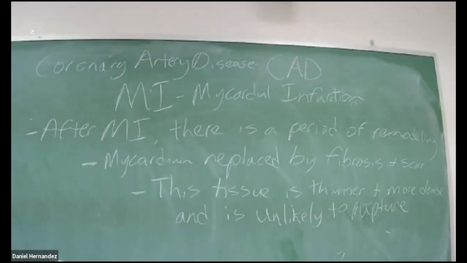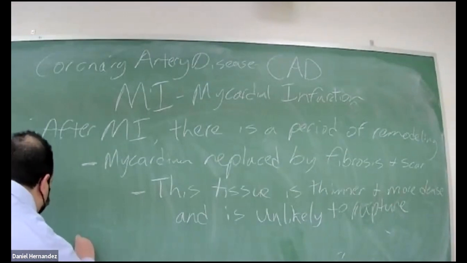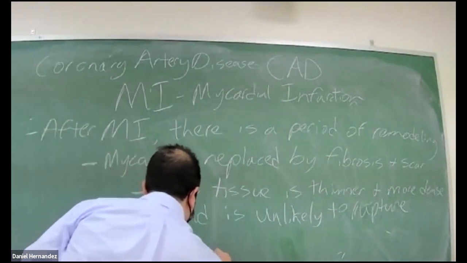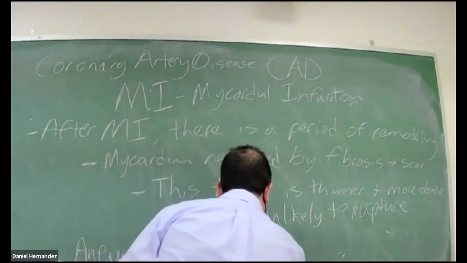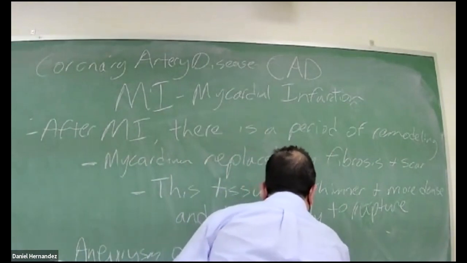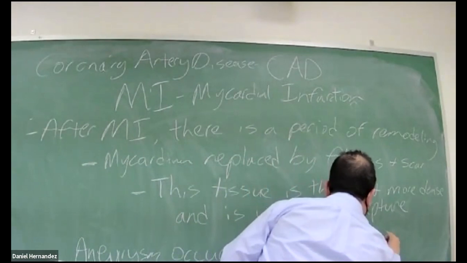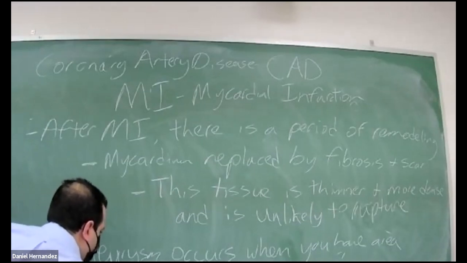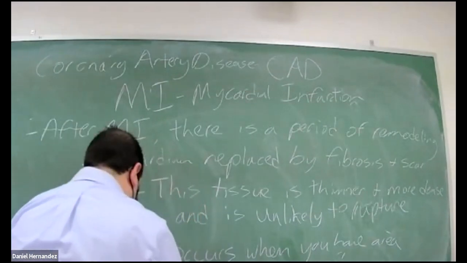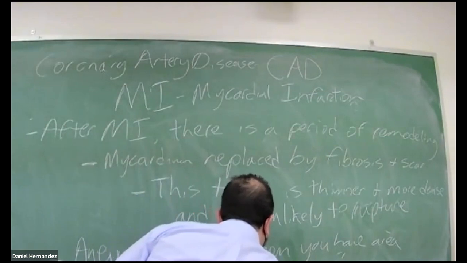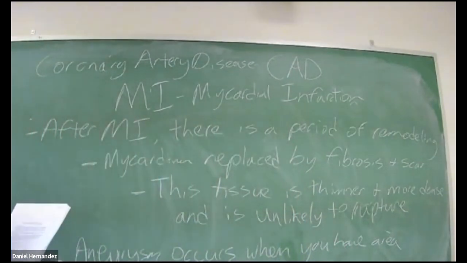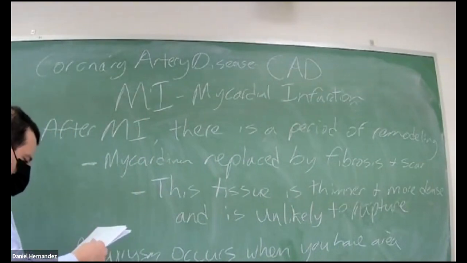An aneurysm occurs when there is a regional dilatation in the area of a scar.